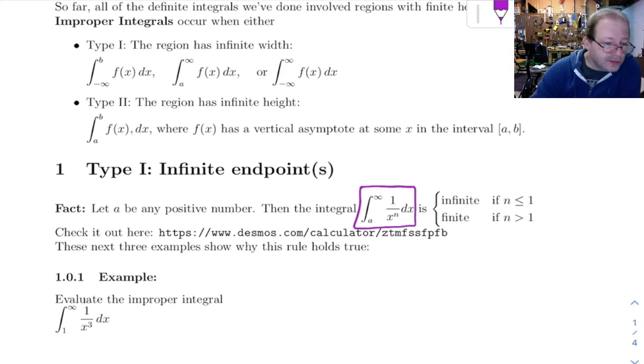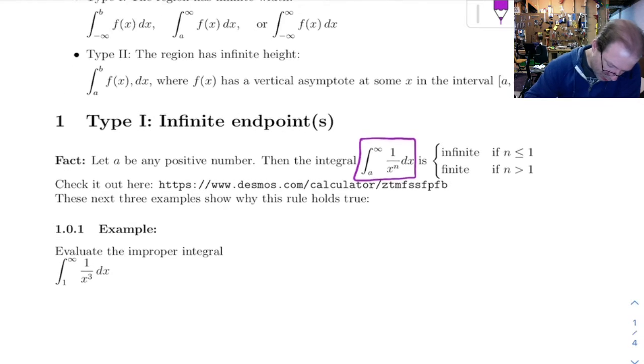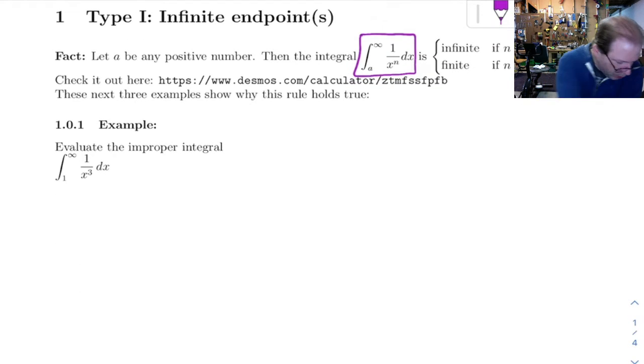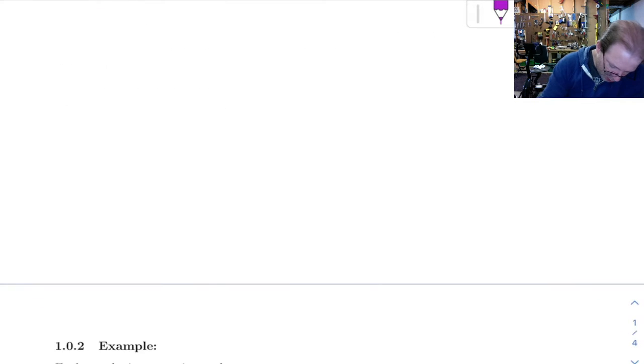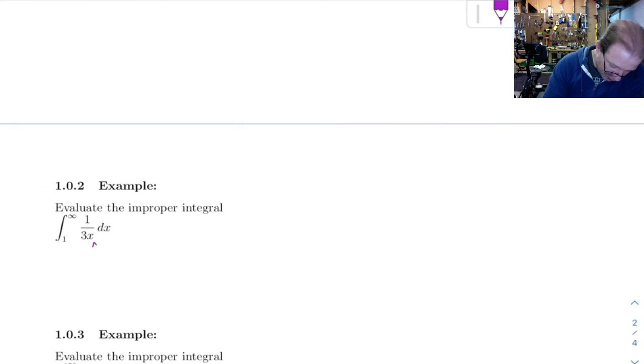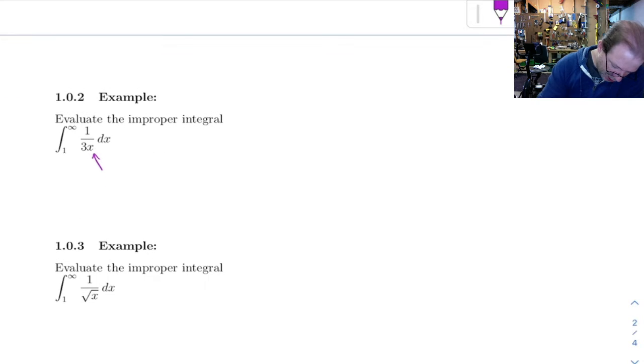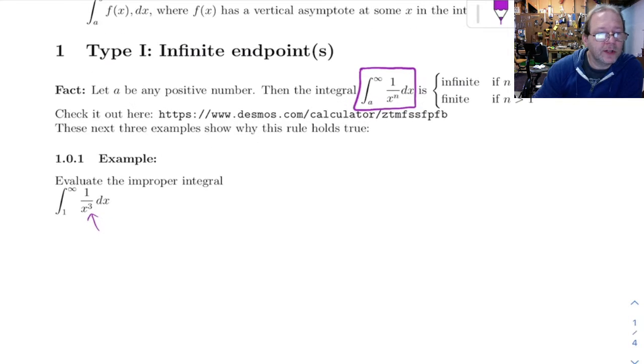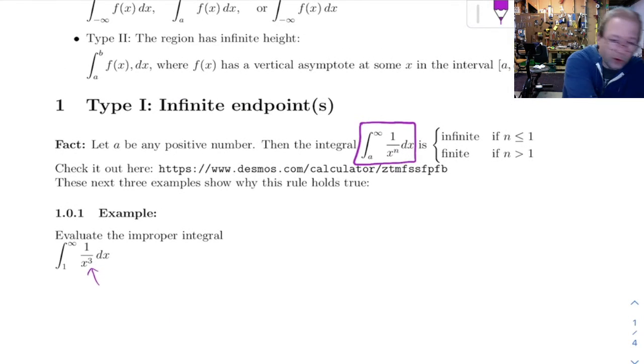I want to look at Desmos to give you a visual of why that's true, and then we're going to work through a few examples. One where n is bigger than 1, one where n is equal to 1 with a 3 on the front of it, and one where n is less than 1, n is 1/2. But first, let's look at this integral on Desmos.